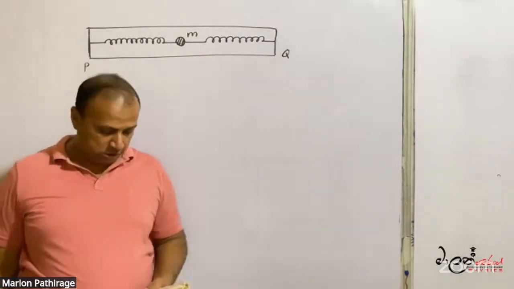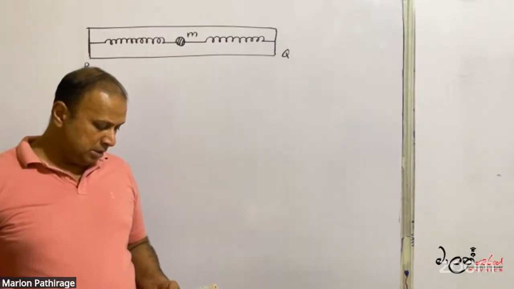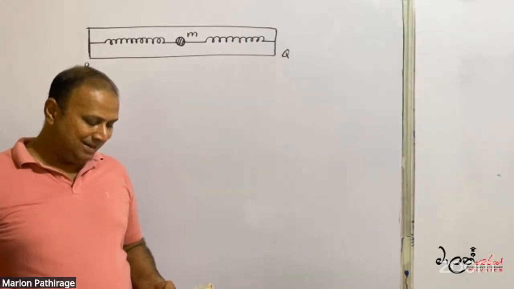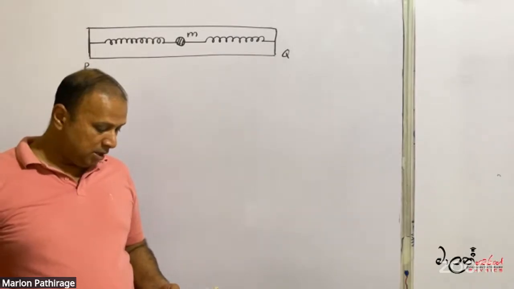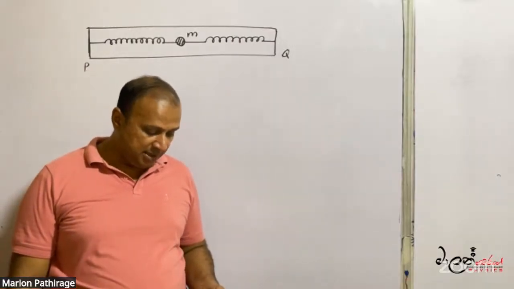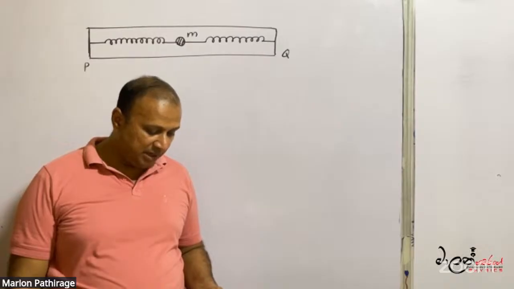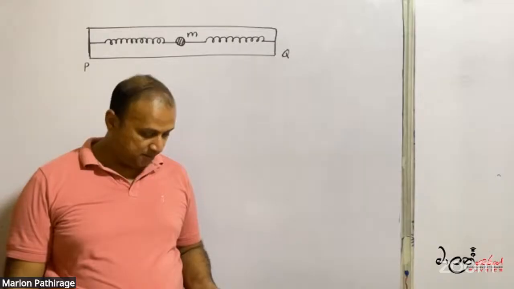This is the question. One end of each of two identical stretched springs is fixed to the two ends of a closed tube, and the other ends of the springs are attached to a mass m, as shown in the figure.